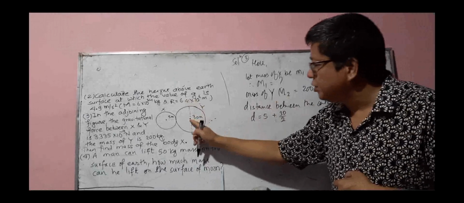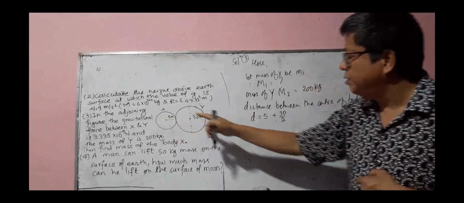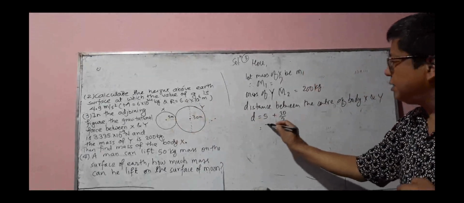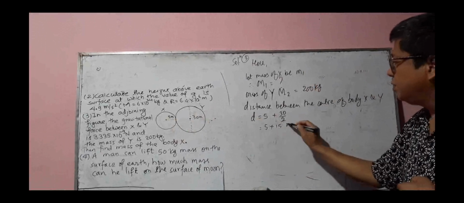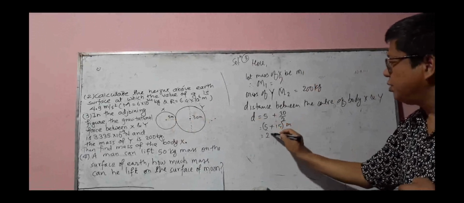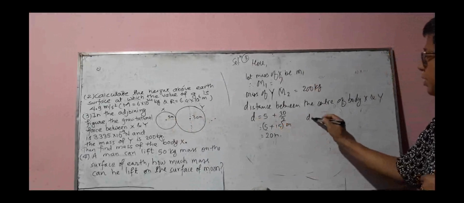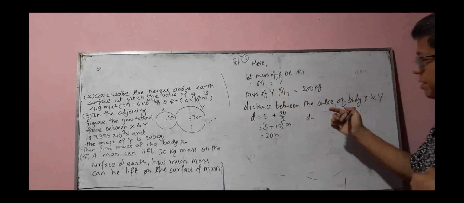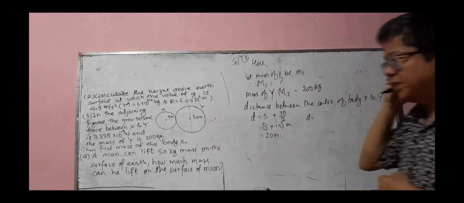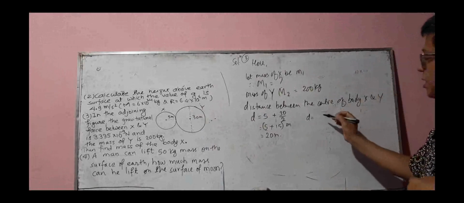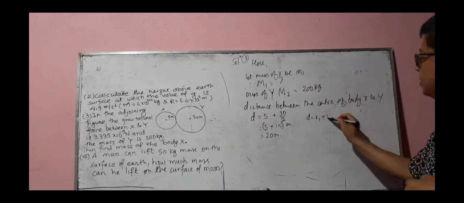The sum of these two radii is the distance between the two centers, that is 20 meter. Since d equal to, when the two spherical bodies are connected touching at a point, then distance is r1 plus r2.